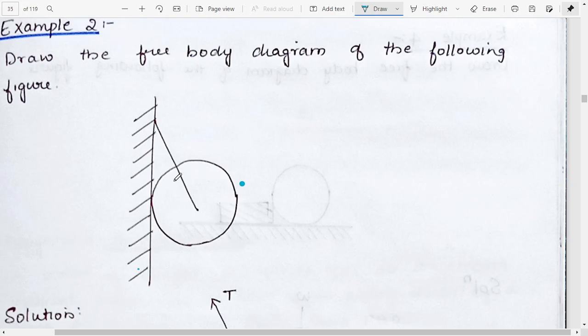So what are the forces here that we should visualize? There will be a tensile force in this manner, and this is the tension force.